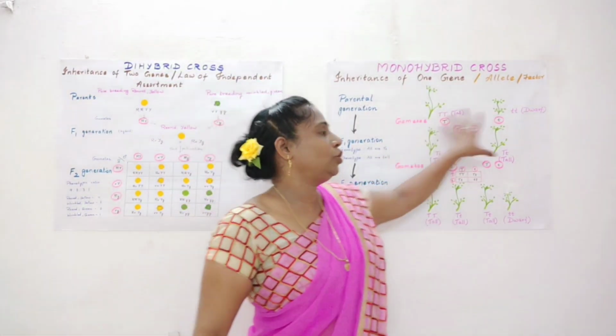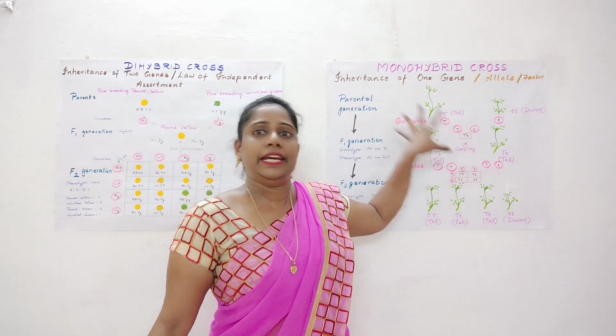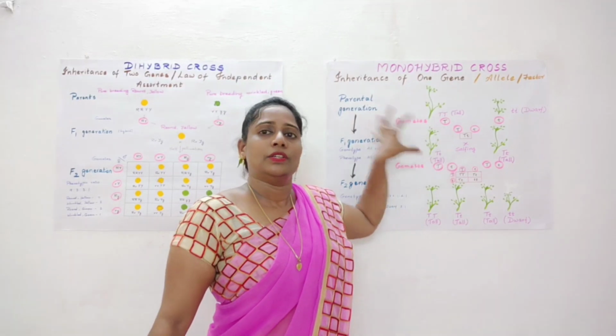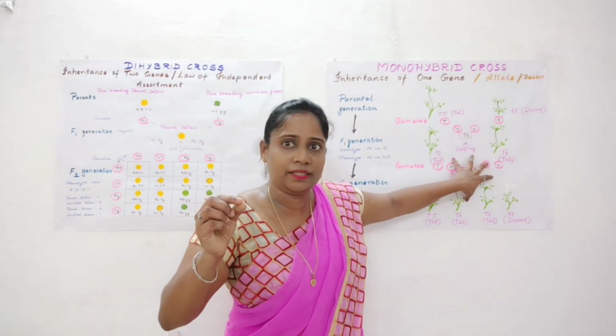Now I am taking two F1 generation plants which are heterozygous tall, where they will have 50% capital T and 50% small t in their gametes, isn't it?